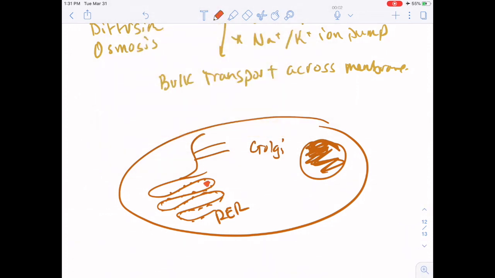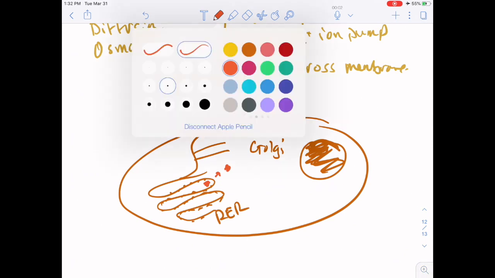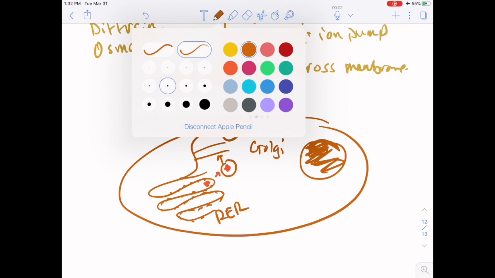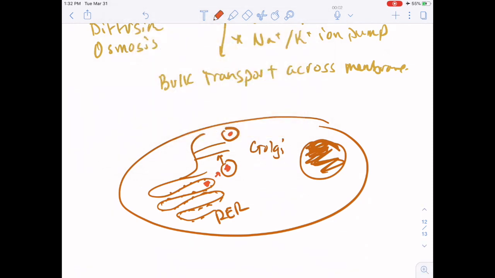Say a little protein is made here and it gets packaged up in a vesicle that gets absorbed by the Golgi, and the Golgi will form another vesicle around that protein that it modified and then sends it to the cell membrane where it fuses with the cell membrane.